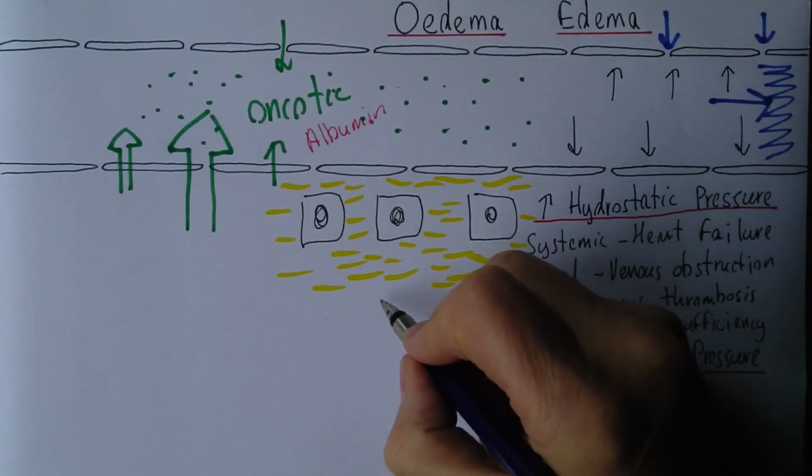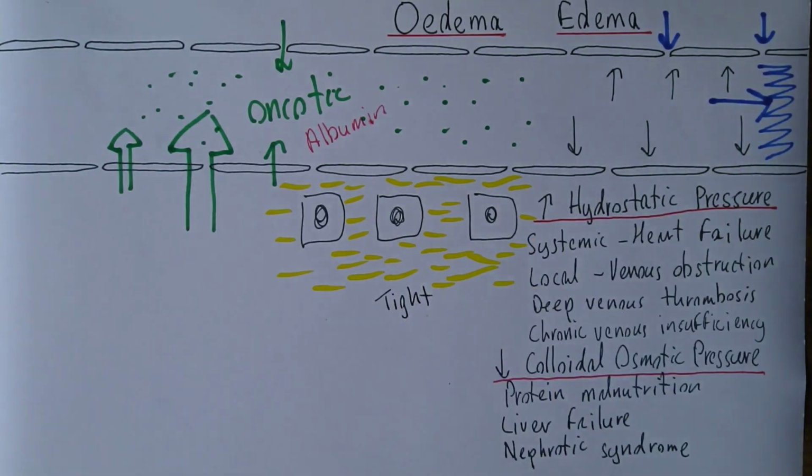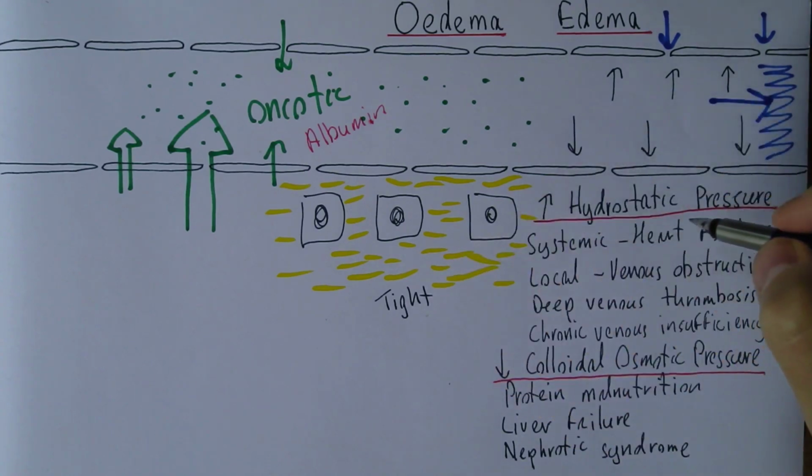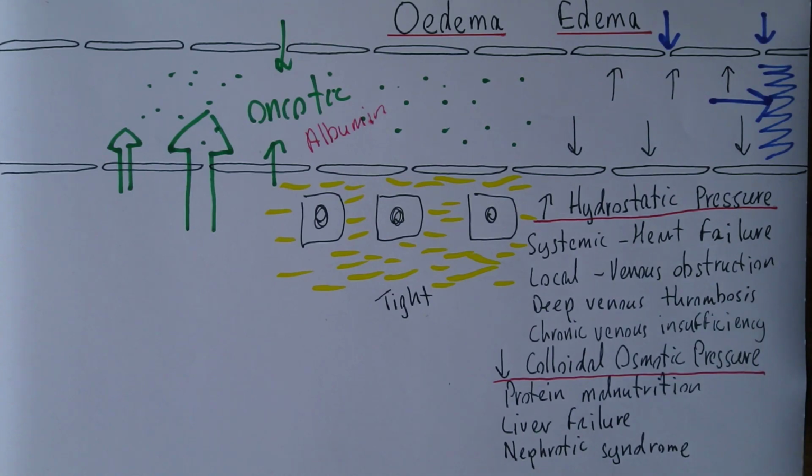It's still tight. There is a normal blood vessel wall. So the edematous fluid caused by the increased hydrostatic pressure and the reduced colloidal osmotic pressure.